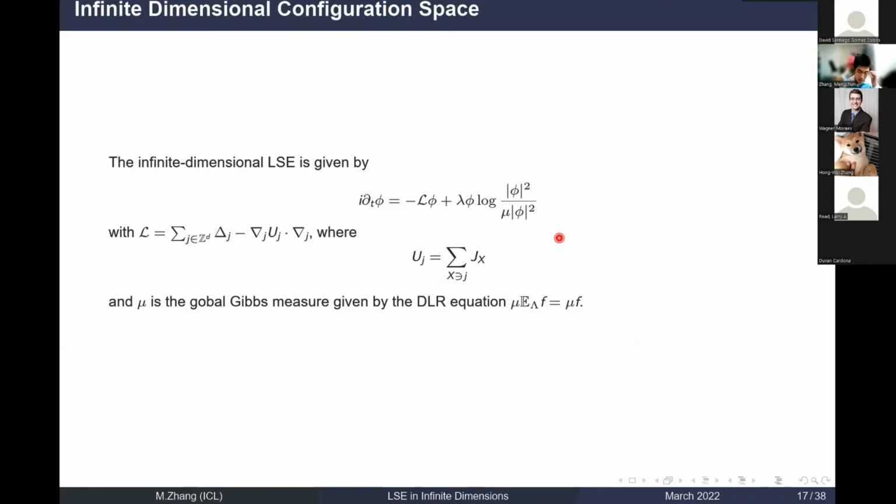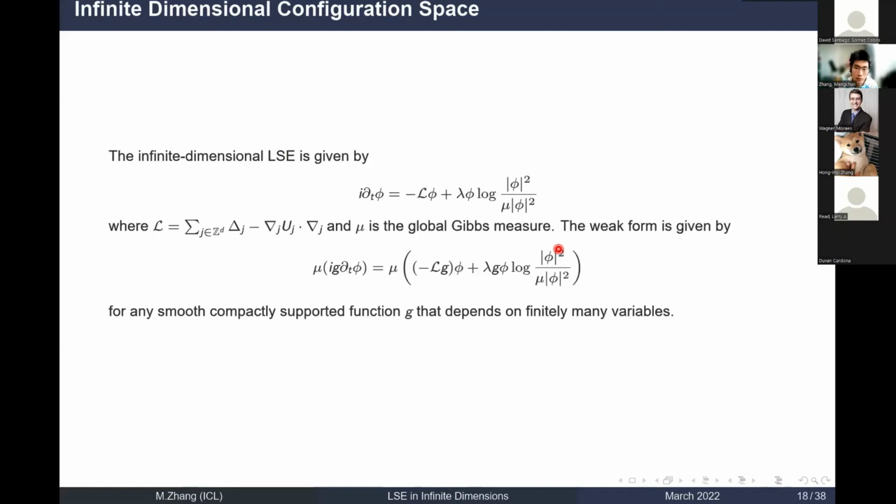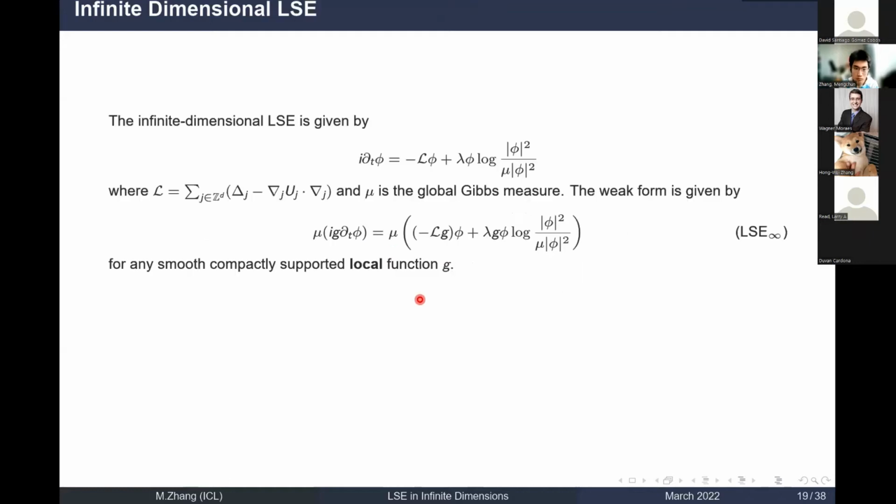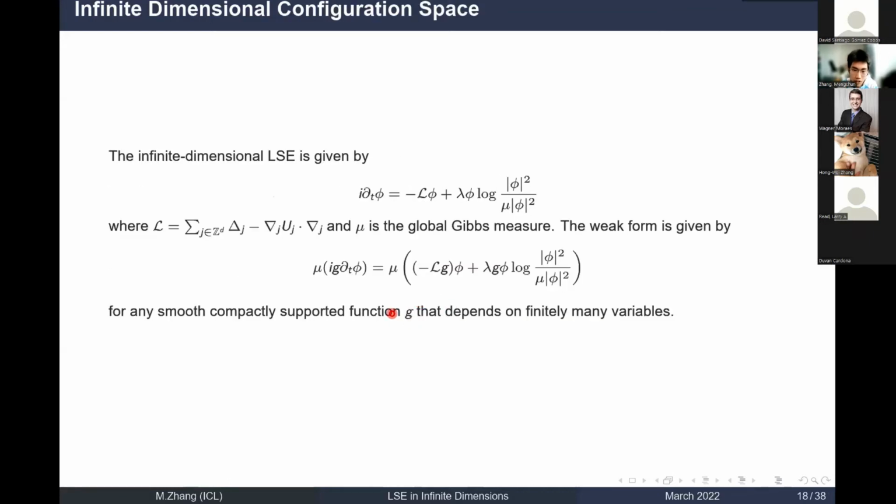But again, as I mentioned before, we need to consider everything in the weak form. So to be precise, we're considering this equation here. So this is our well-defined infinite dimensional LSE for this lattice setup. Oh, sorry, I need to mention that this test function g must depend on finitely many variables, otherwise things won't be well defined.